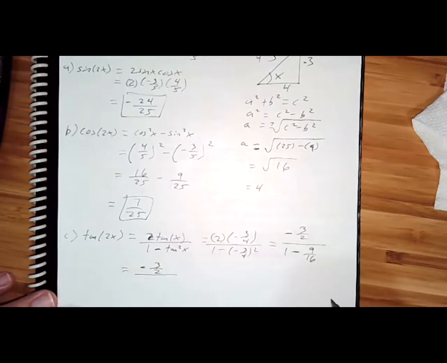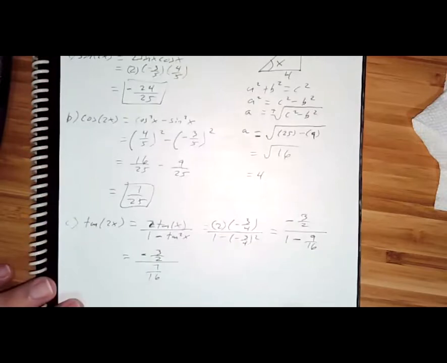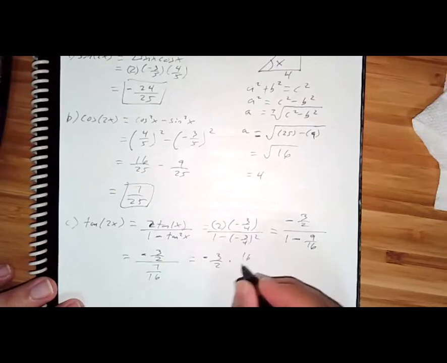One minus 9/16 will be 7/16, which will be a product, right?